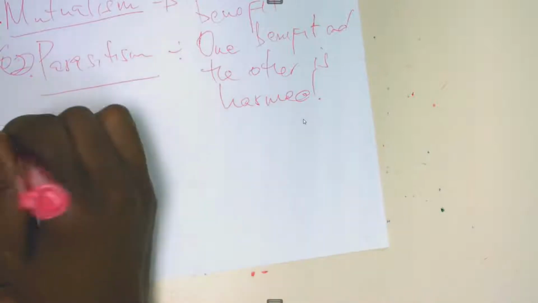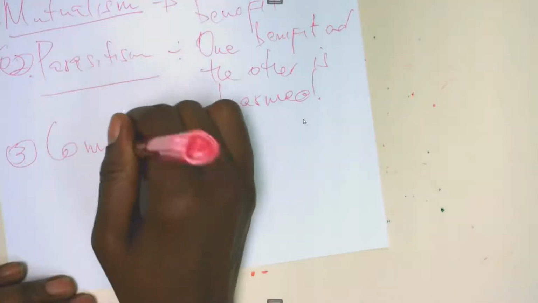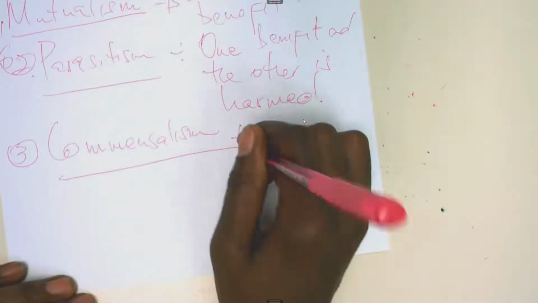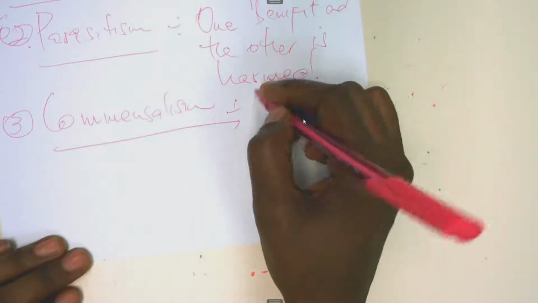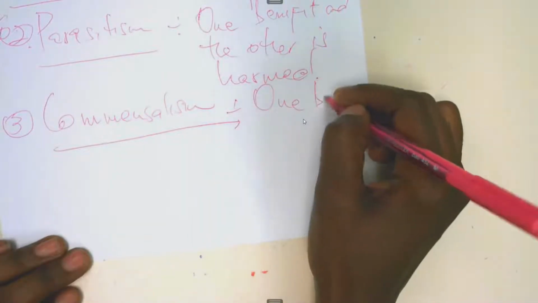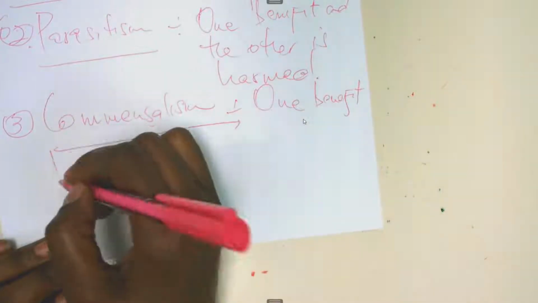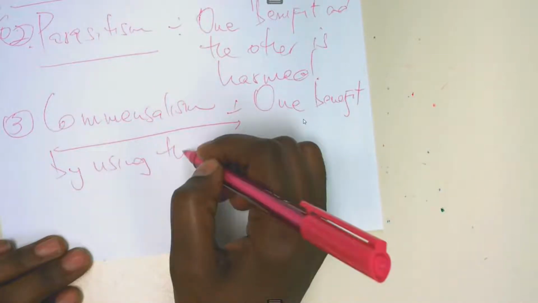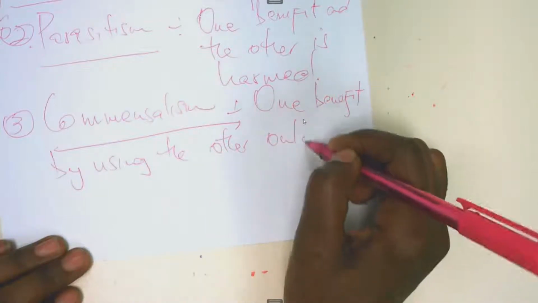And then the third one is commensalism. In commensalism, one organism benefits by using the other only for support.